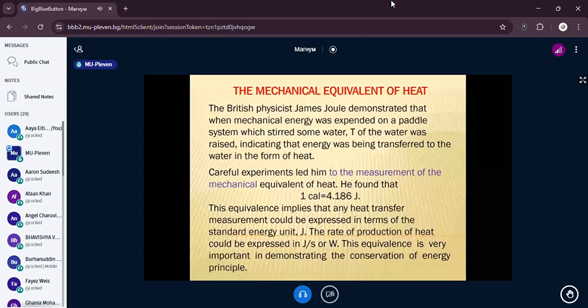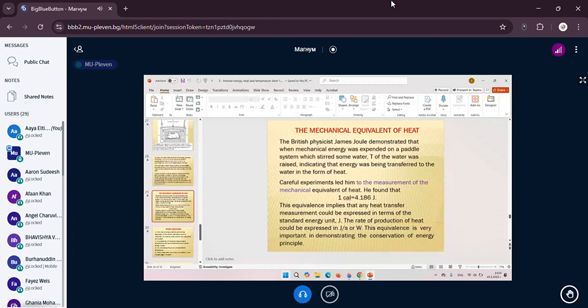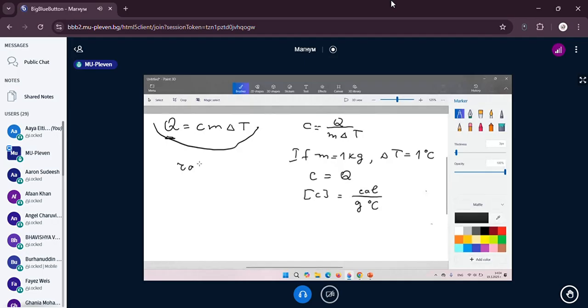there is a discussion here regarding the rate of heat production. So if you need to write mathematically, what is this rate of heat production? If there is a rate, the term rate means change over time.